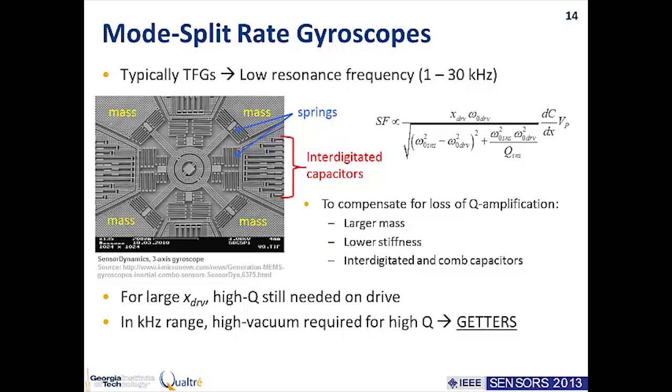All these proof masses are moving outwards and inwards simultaneously. When you apply rotation, for example about the x-axis, part of that energy couples into an out-of-plane mode, and then you can measure the relative change in lateral capacitance. And for the in-plane rotation, the mode shape just becomes a rotational motion, and you get a change in capacitance.